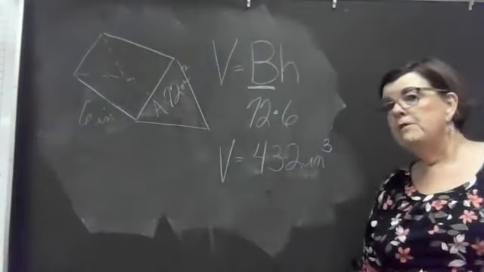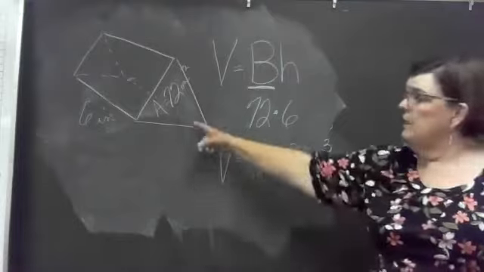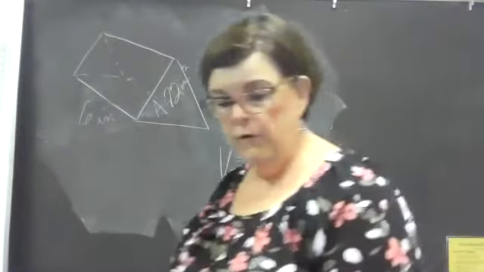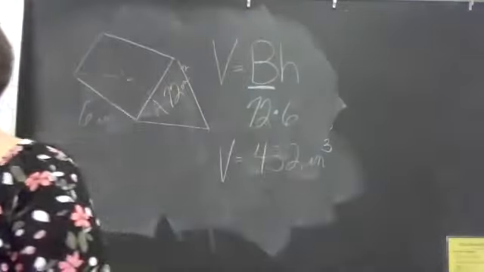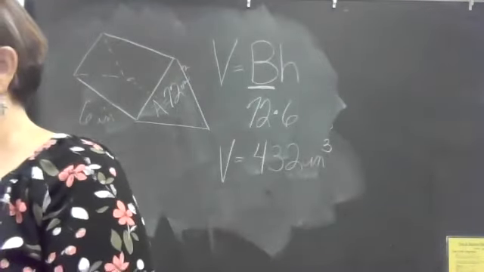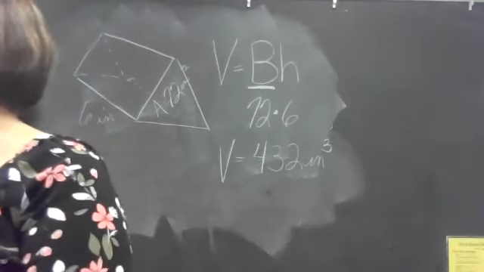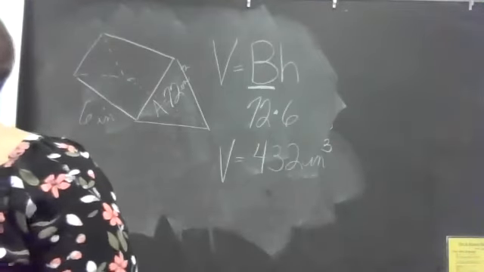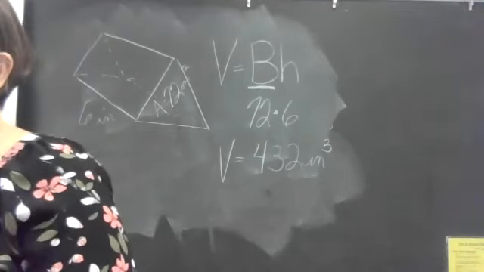Okay. This page, they gave you what the area of the base is. Now we're going to move on because they'll probably have you find your own area, which is going to be new to the two that came in today. So let's try this.